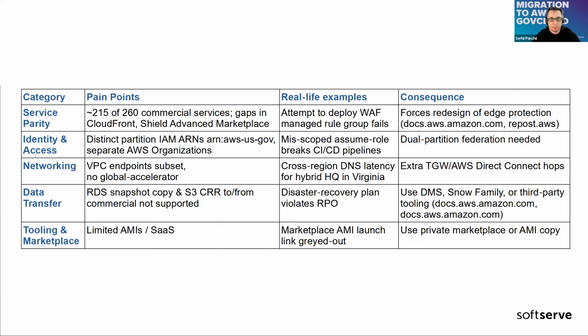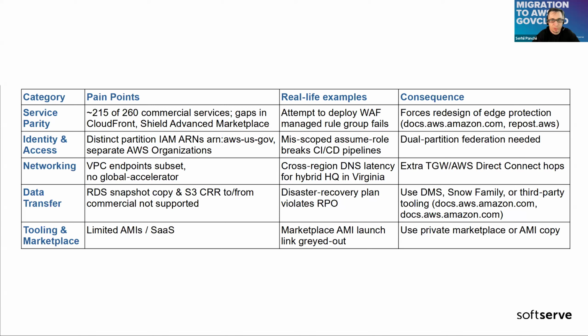Now, let's ground this in reality. AWS GovCloud has notable service gaps. For example, you will find CloudFront, AWS Shield Advanced, or some marketplace products are missing. You also get unique IAM challenges due to dual partition federation.